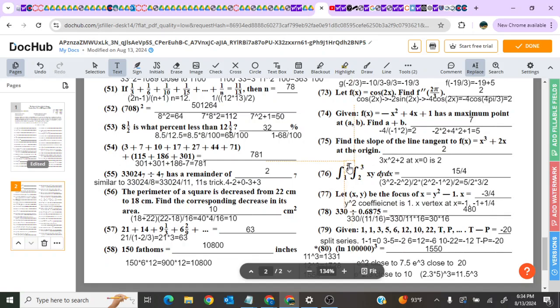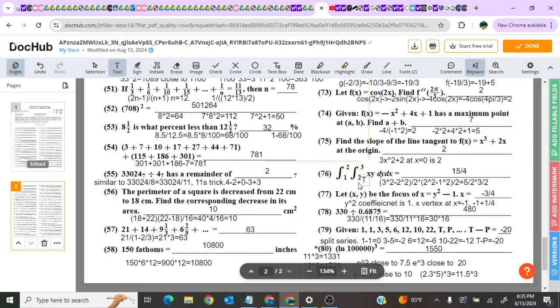Do the same thing for this 2 and 3. So you get 3 over 2, 5 over 2 times 3 over 2 is 15 over 4. It's mostly because this y is treated as a constant whenever you're not taking the integral with that. So you're just having y times x squared over 2, and then once you solve that, you just have y squared over 2 times your amount you got here.